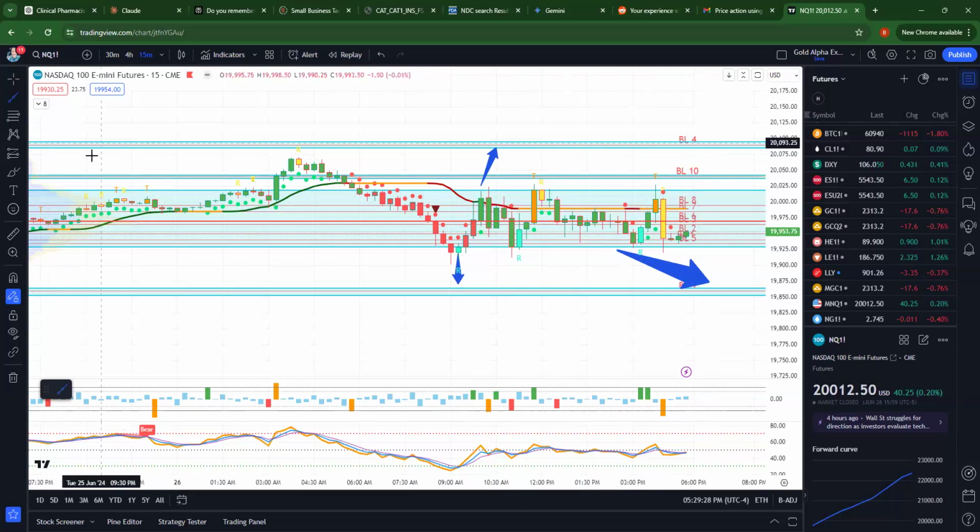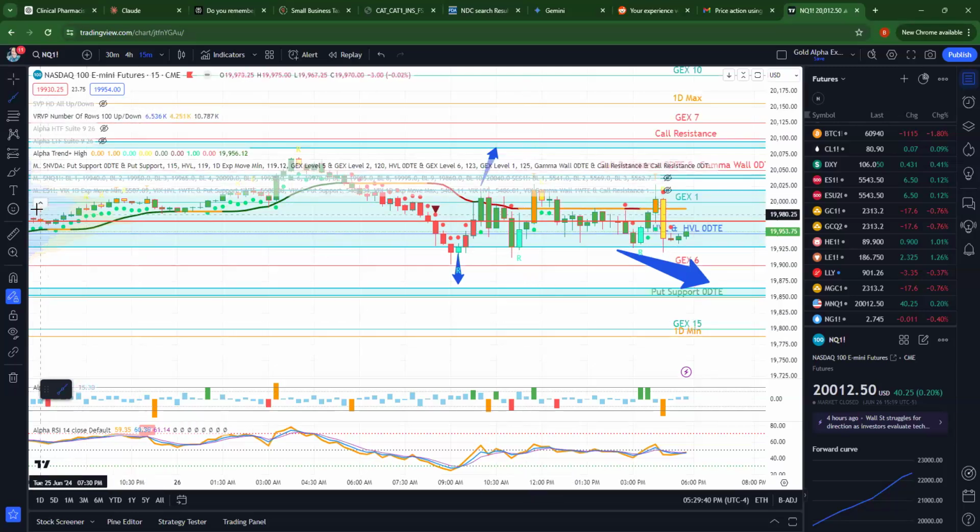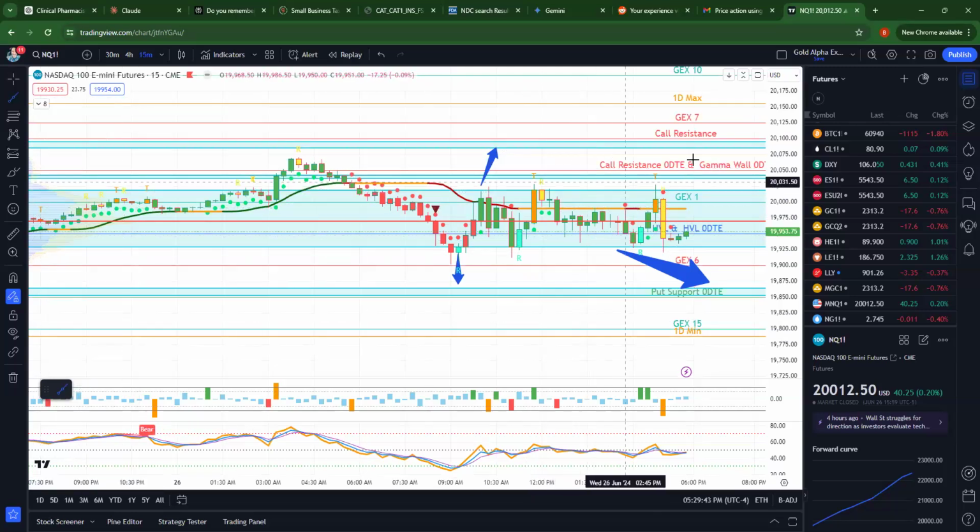So that was really the trading plan. And if you look over here, this is really just bouncing around a high volume node from volume profile. If you look at the regular GEX levels and how those are all laid out, if I would have been able to go long from here, then this would have been my first target for getting out.